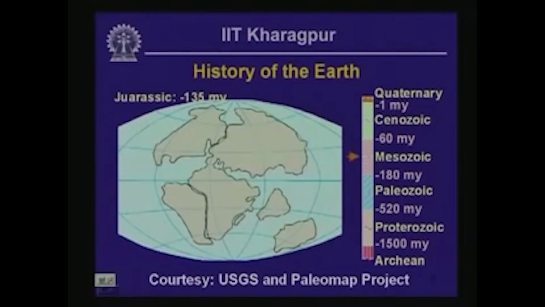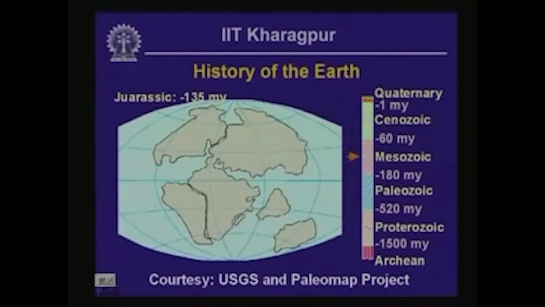Let us look at what happens further down in the Jurassic age, which is near the middle of the Mesozoic geologic era. That is being kept track of on the bar chart on the right.